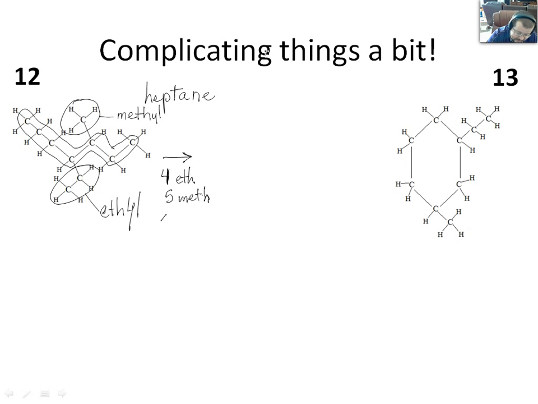If I go right to left, I would end up with 1, 2, 3 for the methyl group. And let's see what we get for the ethyl group. 1, 2, 3, 4 for the ethyl group. Now the best option here is to go with the lowest set of position numbers, so I'm going to go with the 3 and the 4.